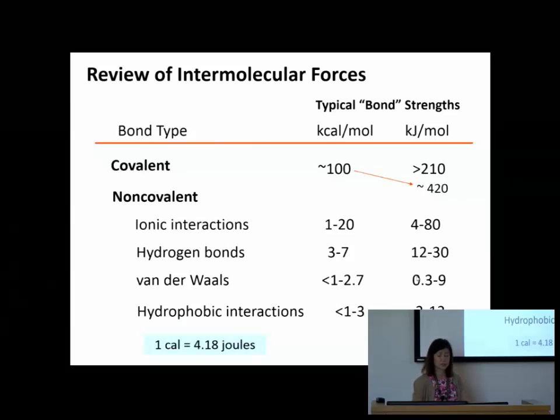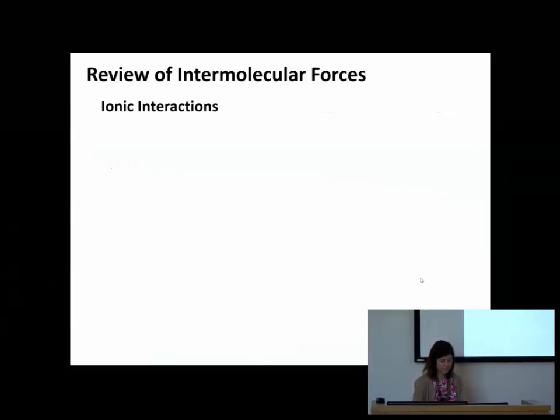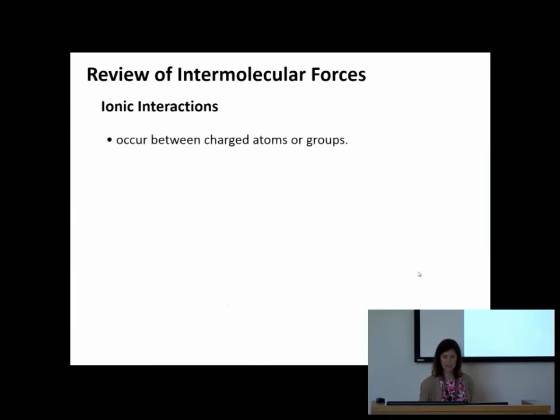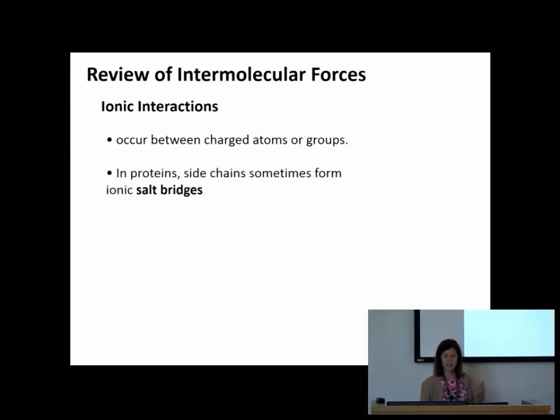Okay, so ionic interactions. Now, we're not just going to be talking about these interactions in a Chem 1 sense. We're going to apply them to our biomolecules. So again, it's going to be between charges, actual charges, an ion. And side chains of amino acids can be charged.